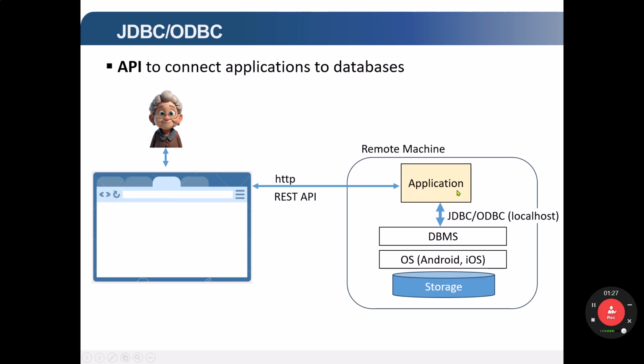Suppose this application is using a DBMS, then it has to make a connection to the DBMS using a JDBC connection. Then this DBMS is going to store data in storage systems using file systems supported by the operating system.